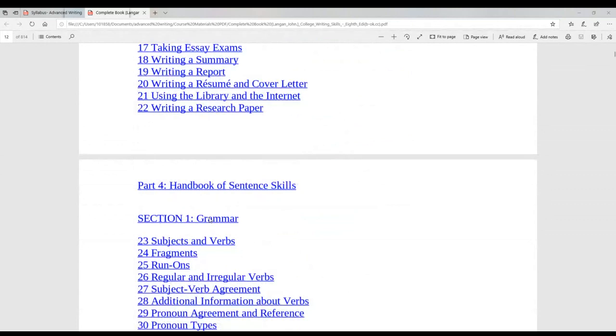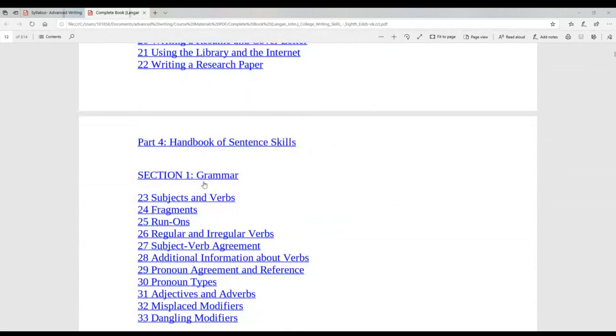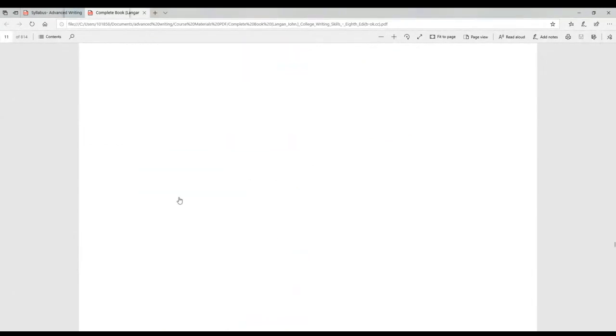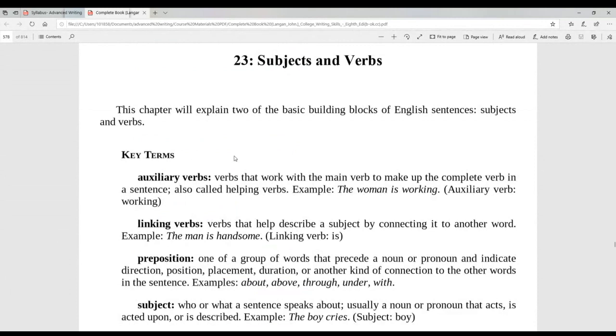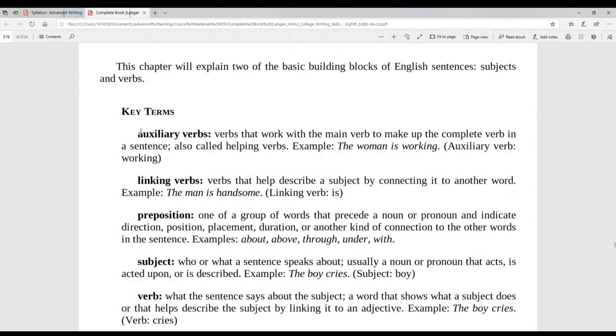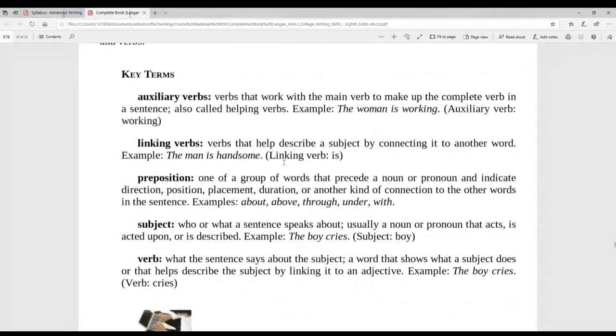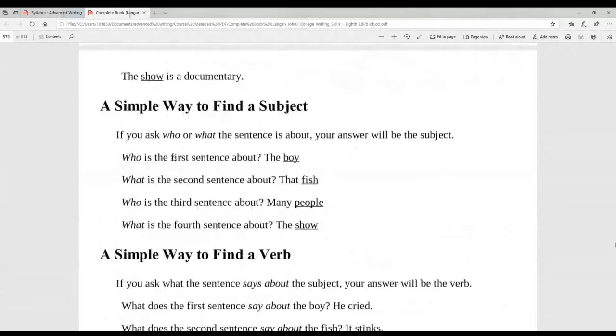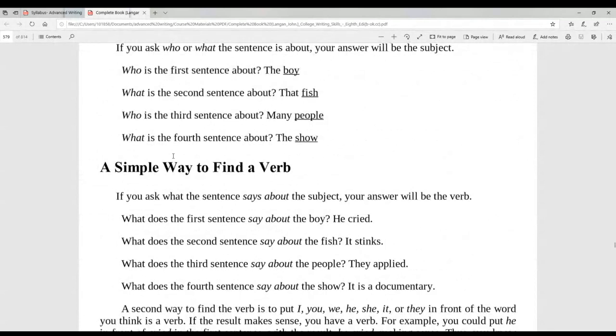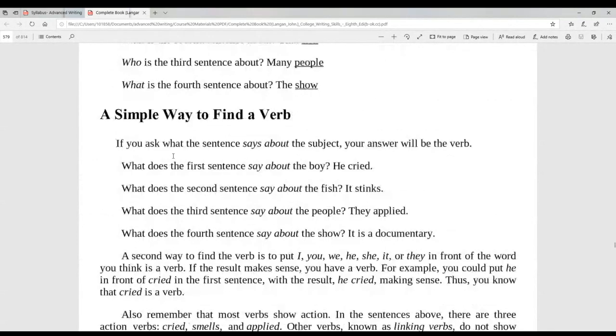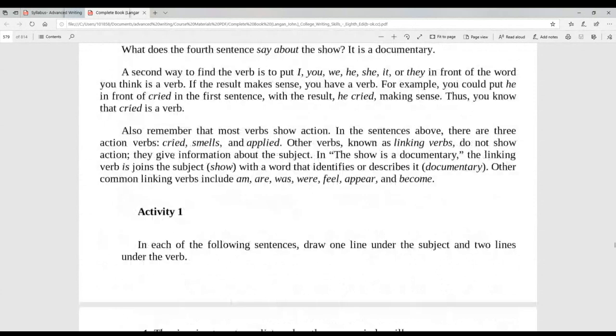What is good about this book? It has a lot of exercises. It's full of exercises. For example, grammar. We are going, inshallah, to study this unit. If we go to subject and verb, the way the writer presented the information is so simple, so simple, and you can easily understand the discussion plus the exercises here.